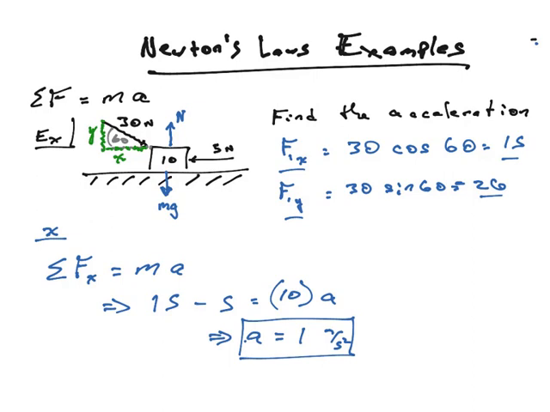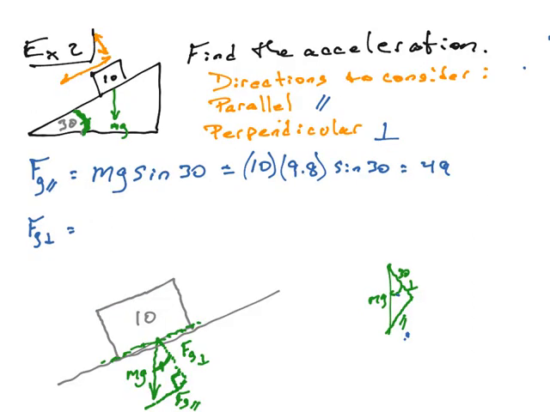I called it positive 15 because it was pointing to the right. And F1y I called negative because the amount of that 30 Newton force pointing in the y direction was pointing downwards, and downwards I called negative. Same thing's going to happen here.